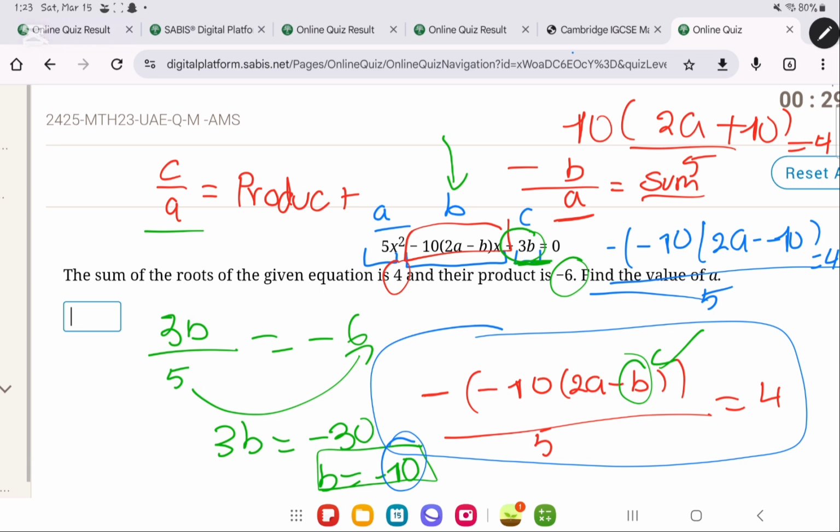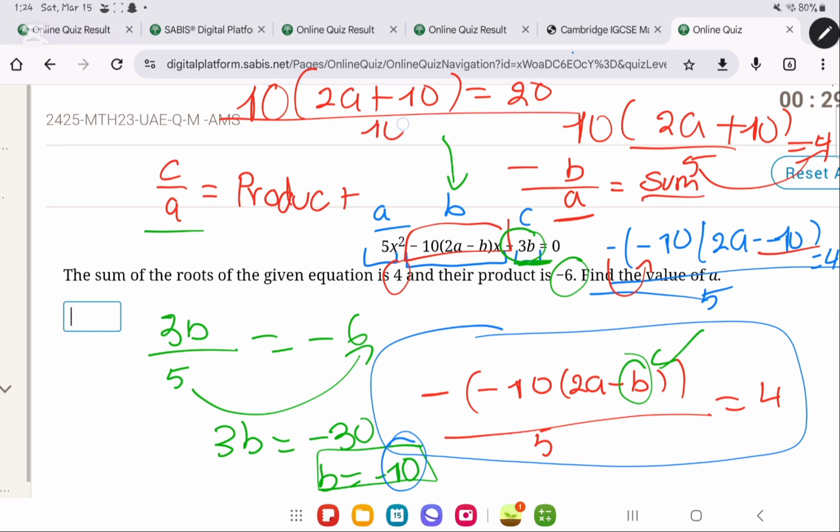How did I fix it up? I did minus times minus 10. I got 10 times 2a, and then minus 10 becomes plus 10. You will bring this over here. So now it is 10 times 2a plus 10 is equal to 20, because 5 times 4 is 20.